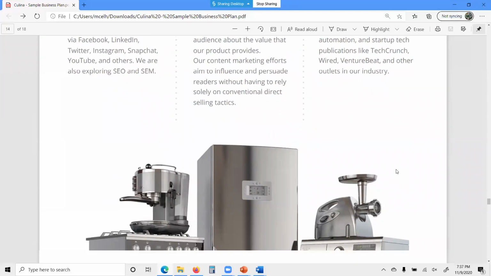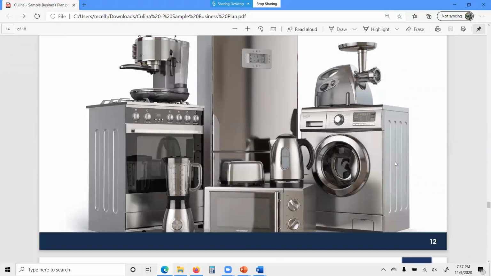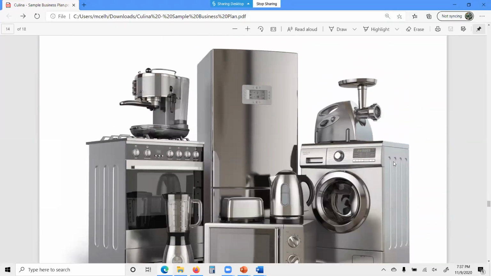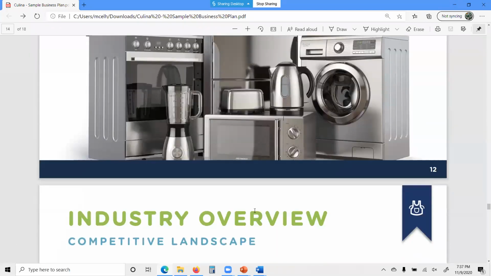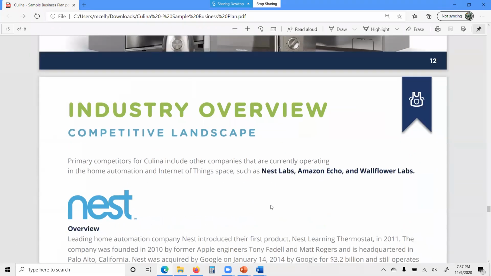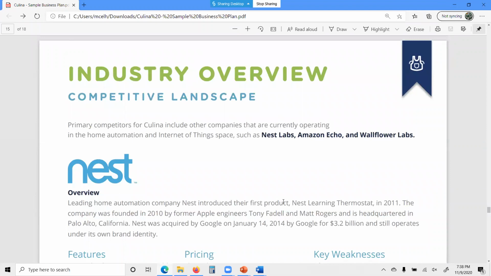And they had a blog. So these were some of the products that they were looking to release, not only the smart hub, but appliances themselves. So they get into their competitors, who they are, what are their key weaknesses, and what are their strengths.